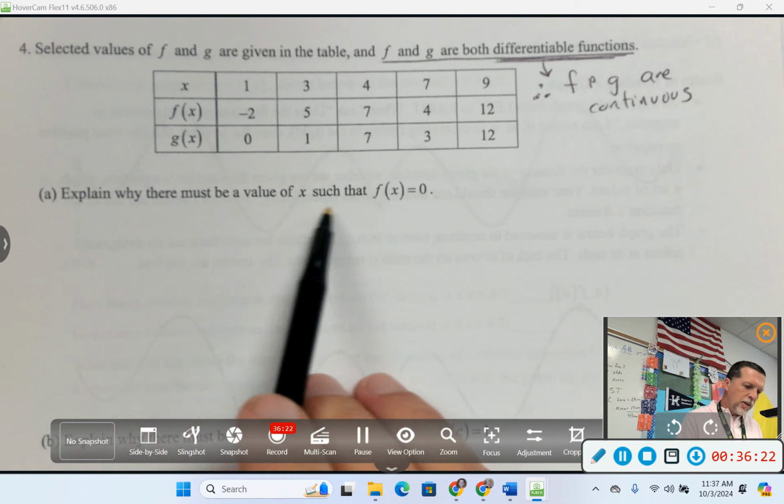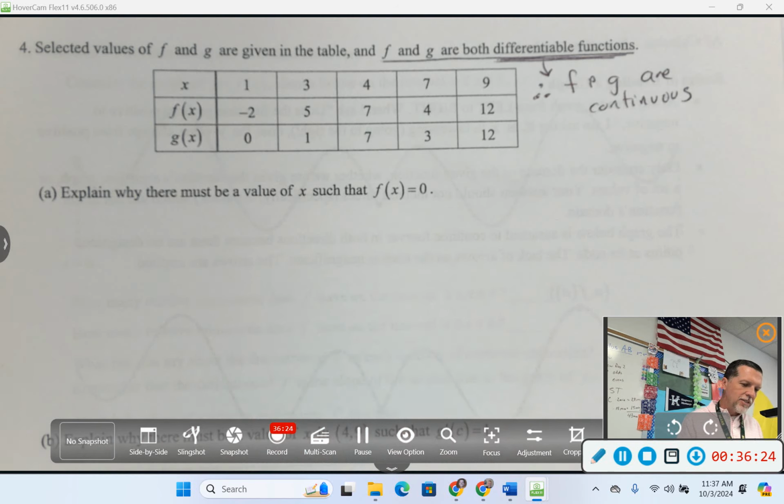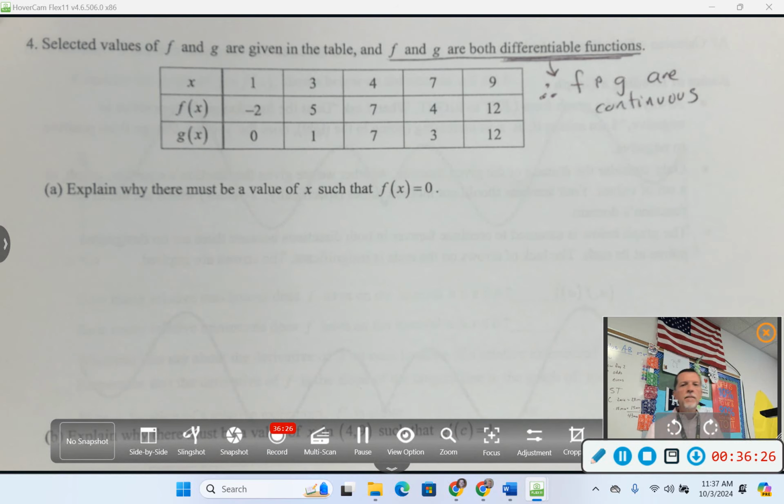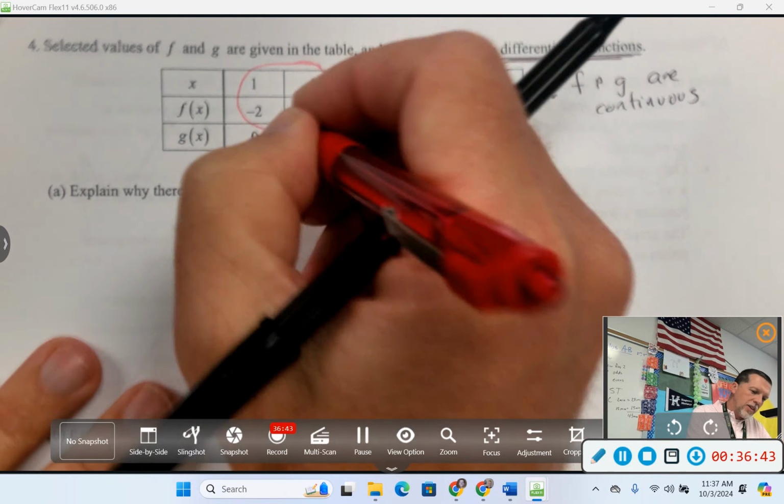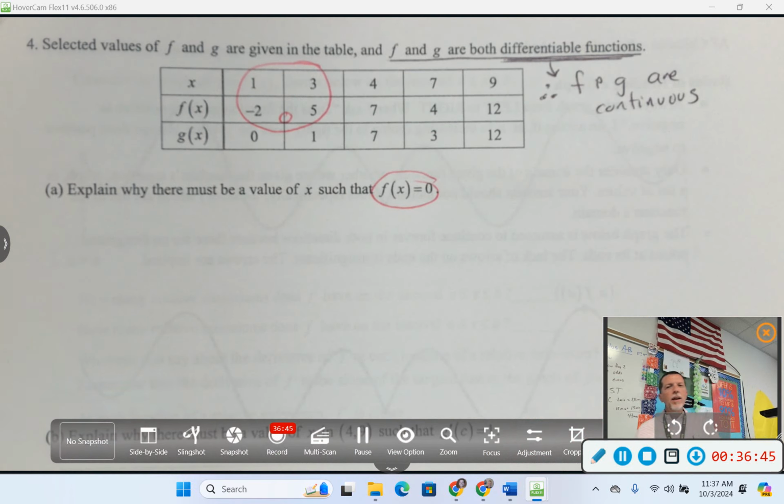Explain why there must be a value of x such that f of x equals 0. Well, maybe it might be easier to say, where does f of x equal 0? Between 1 and 3, you're right. F of x equals 0 somewhere in here, because there's got to be a 0 in there somewhere. Do you remember what kind of problem this is?